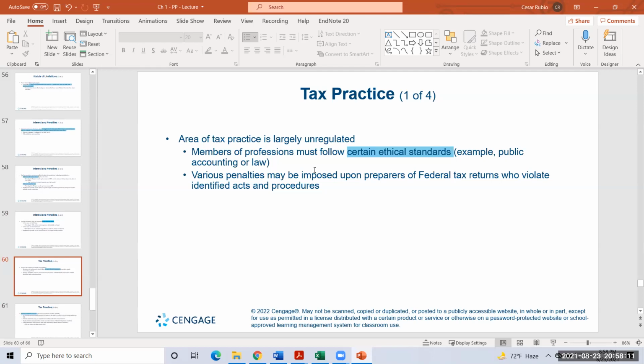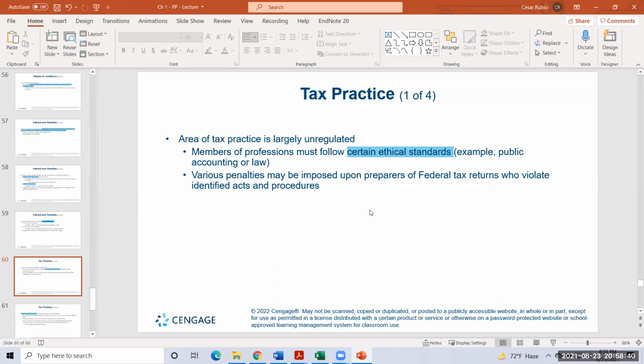Tax practice, honestly, you can just go ahead and read on this, but it's all about ethical standards, ethical practices. It's not that it only applies to tax professionals, but even yourself as you do your taxes, whether you do it yourself or you hire somebody to do them for you, you still want to make sure that you are reporting what you're supposed to report and be as transparent as possible, right?